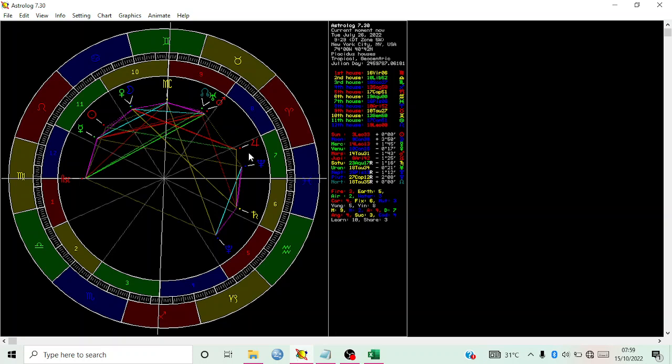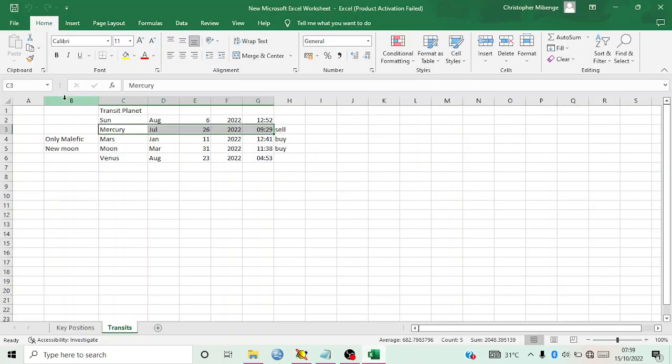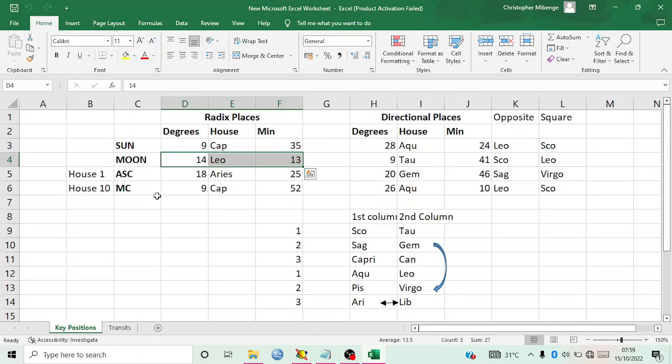So we find that Mercury did transit at 14 degrees Leo 13 minutes, which is the directional place of the Moon, or the radix position of the Moon. The radix position of the Moon is at 14 degrees Leo, 13 minutes.